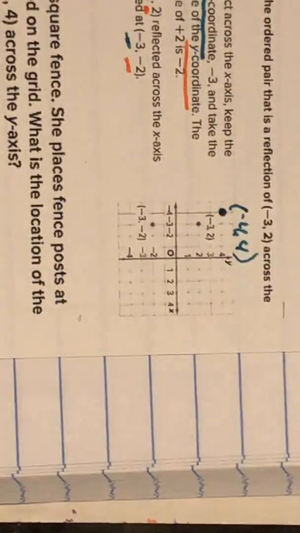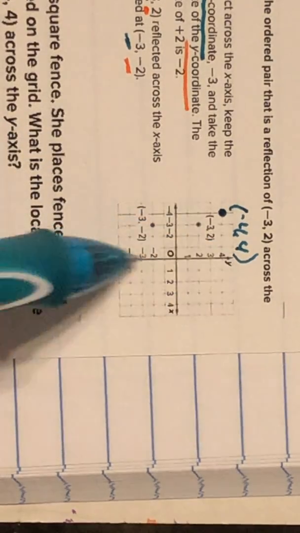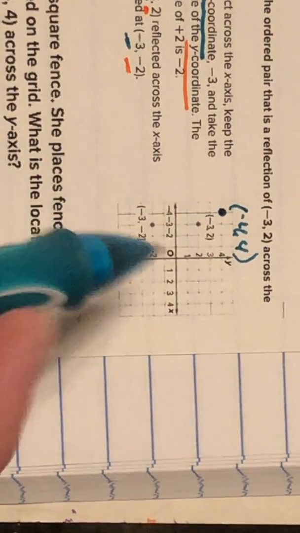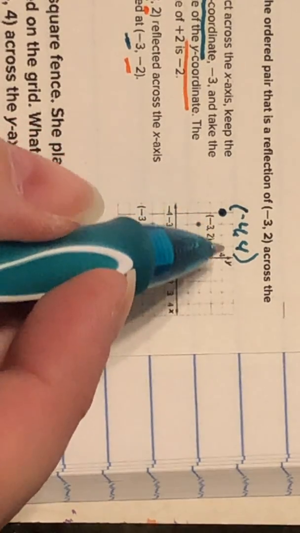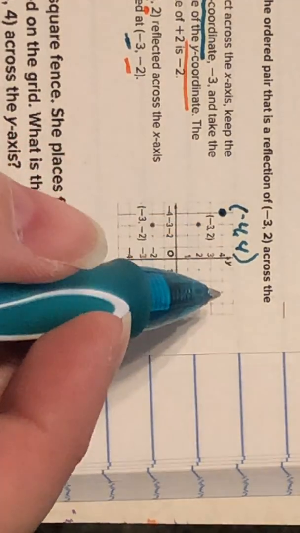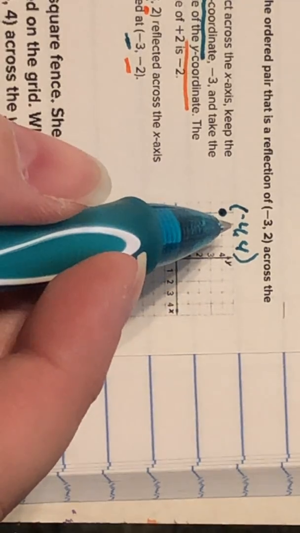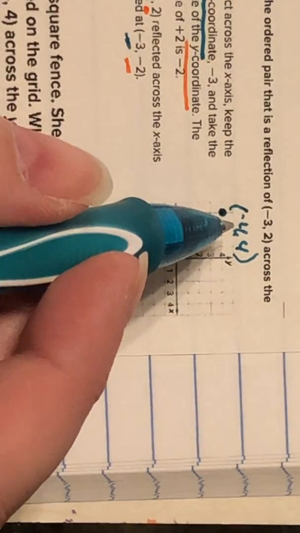Okay, and I'm reflecting across the y-axis. This is the y. So in order to do this, I'm going this way, right? My x is my opposite now, and my y-coordinate stays the same.